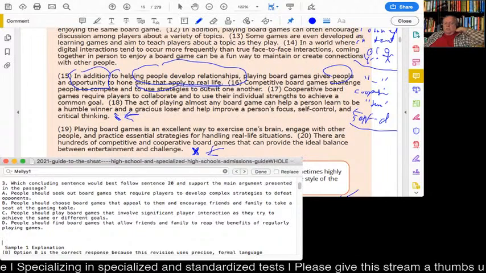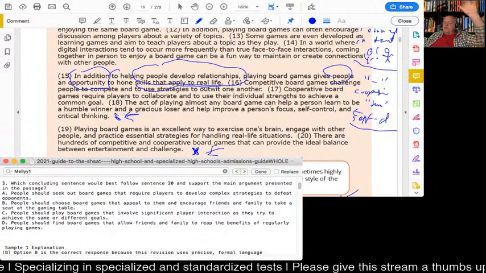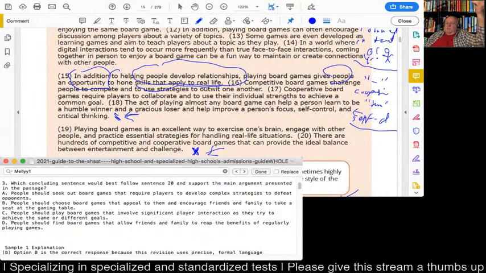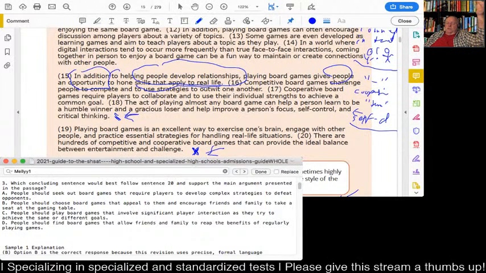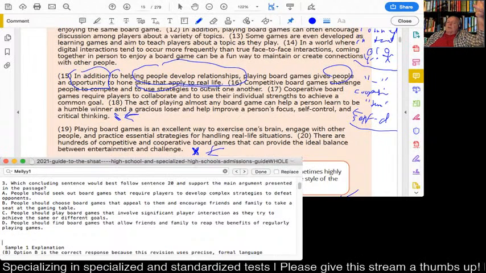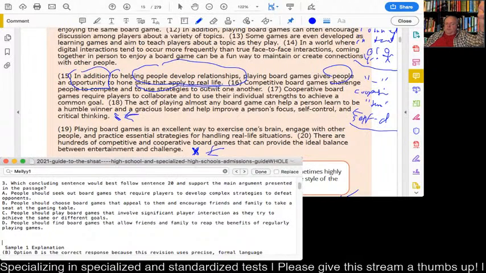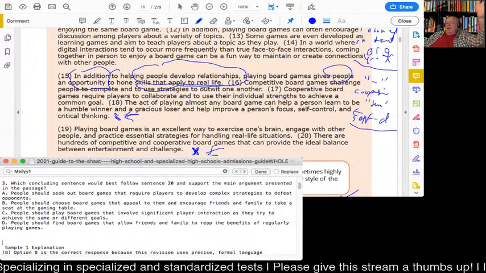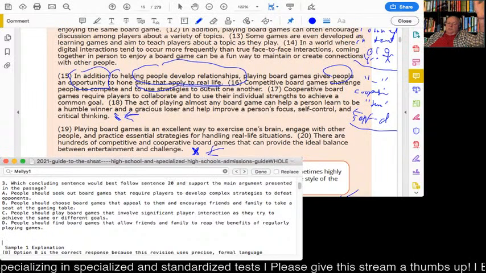It did refer to this being fun and entertaining, but it also talked about board games being complex, involving strategy and all this other stuff. But it was really about cooperating and being teams. It wasn't really about being the winner per se. So for that reason, A was good up to that point, but I'm going to rule A out without even looking at the other choices. So A is a goner.